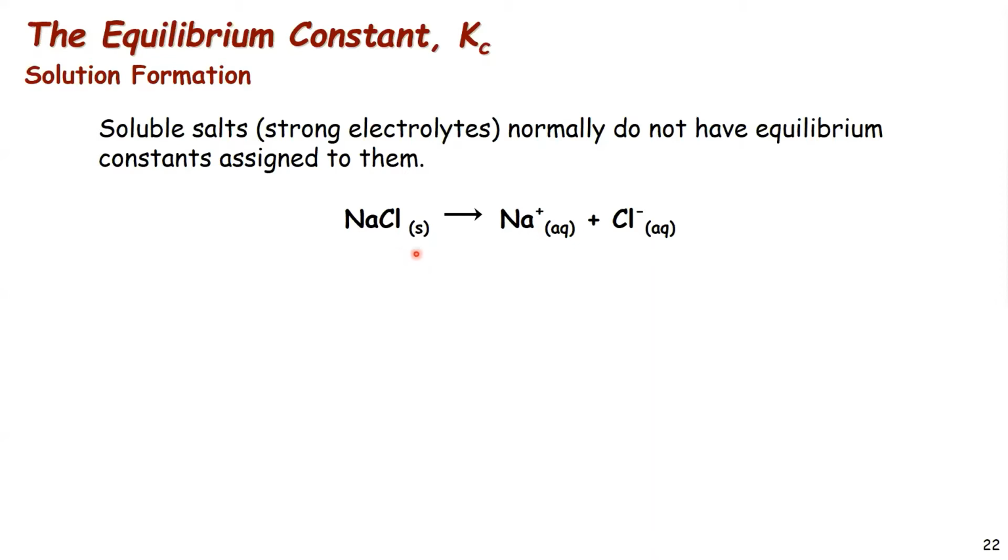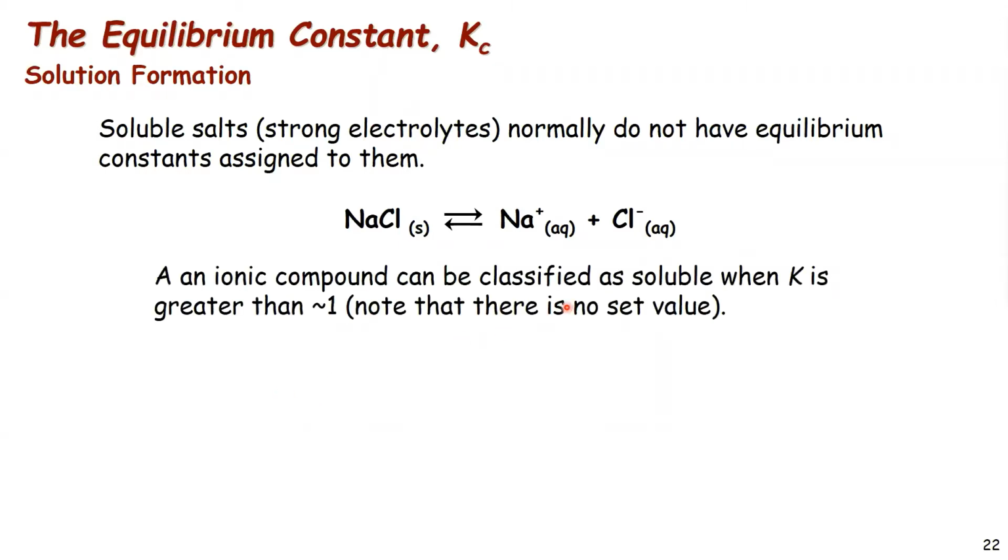When we put sodium chloride in water, we assume that it goes 100%, so we draw a single arrow, completely to the sodium and the chloride ions. The reality is that there is an equilibrium. It's just that the K value is very, very large.